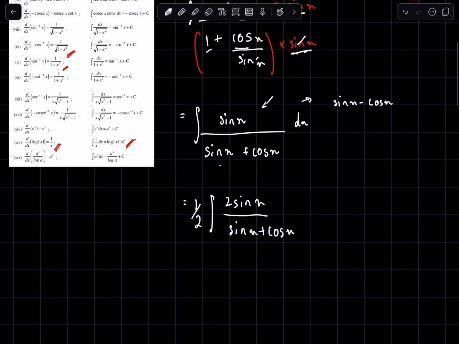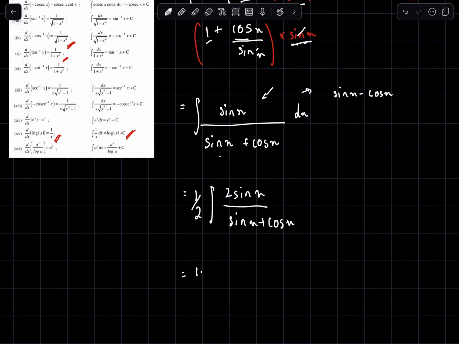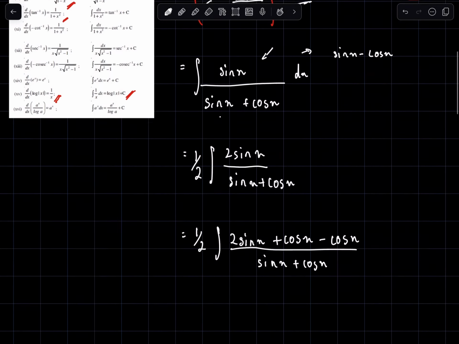Now see what we can do. Now we can add and subtract cos x. Look what happens. Half of the integral of 2 sine x plus cos x minus cos x. We haven't changed anything. The equation remains the same, right? And this is sine x plus cos x, because this is 0 and this cancels out. Okay, simple.